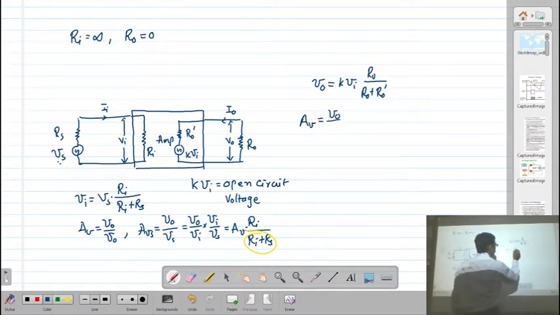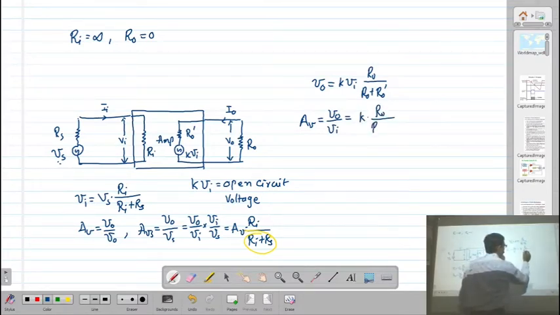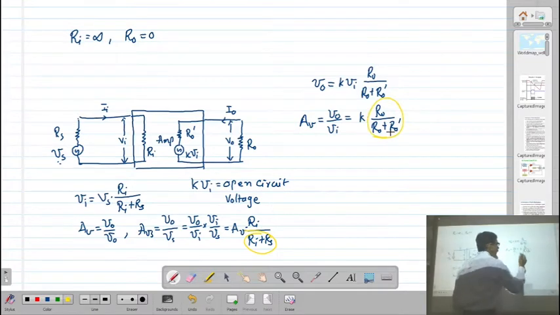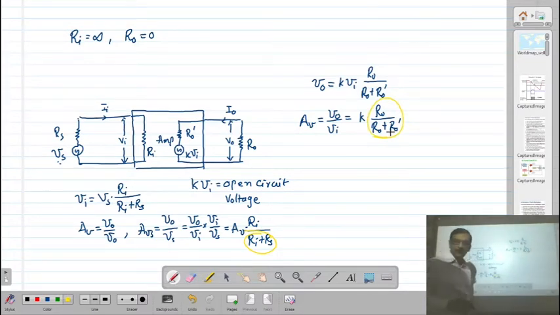So VO by Vi is equal to K into RO divided by RO plus RO dash. And here this voltage gain depends on the output resistance of the amplifier. So due to that output resistance, the gain of the amplifier is going to decrease.